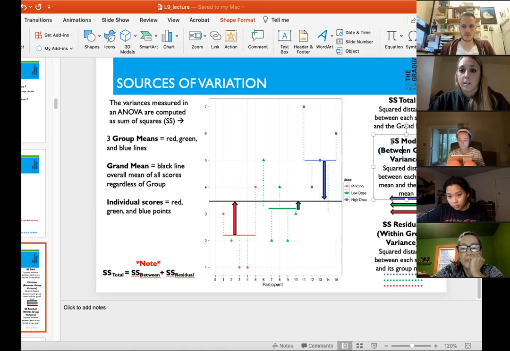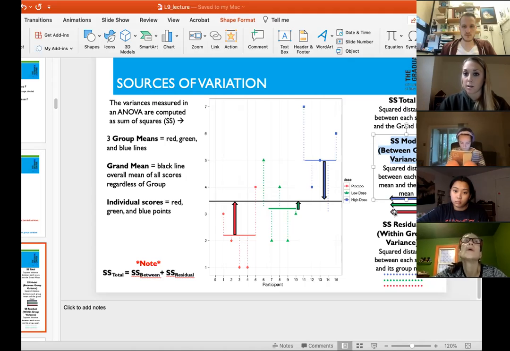So sums of squares model is the sums of squares between each group. This is the variability that you can explain, the variance due to your manipulation. It is the squared distance between each group's mean and the grand mean. Here I have each group's mean in a bar of its respective color.